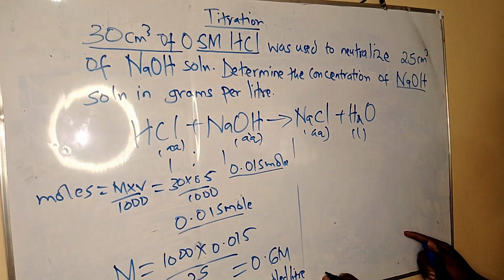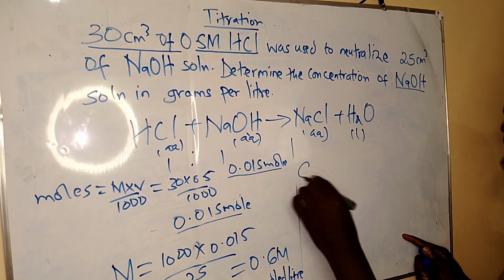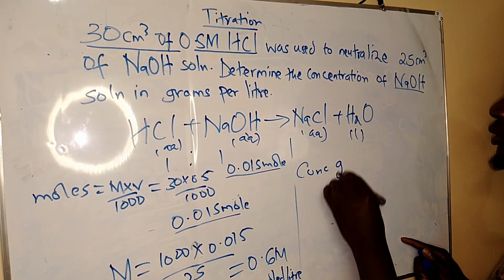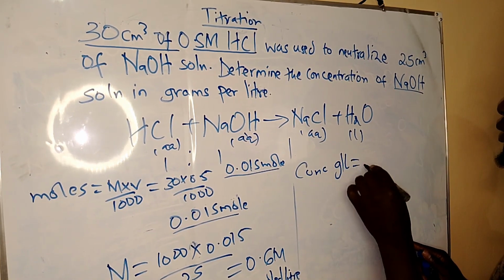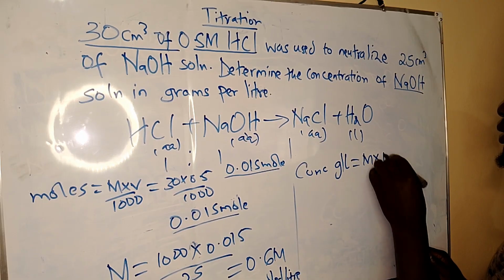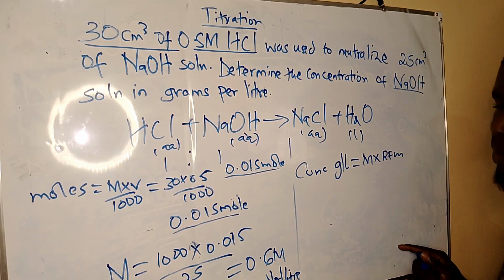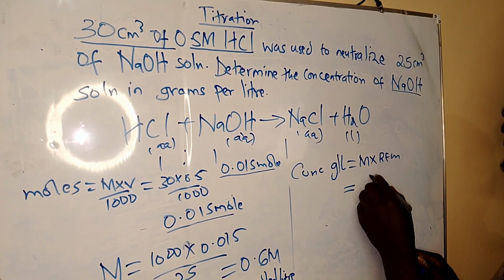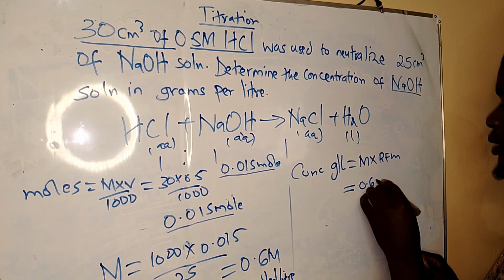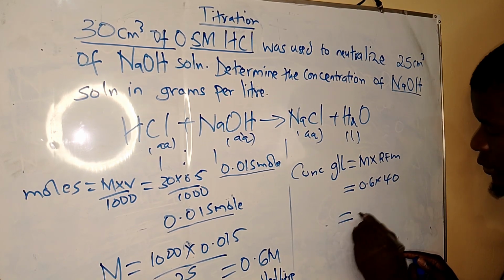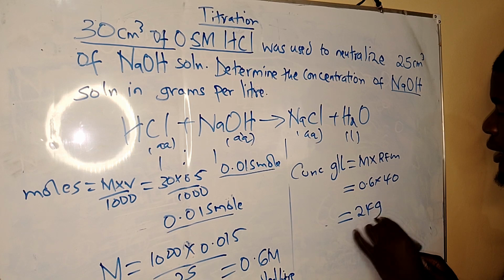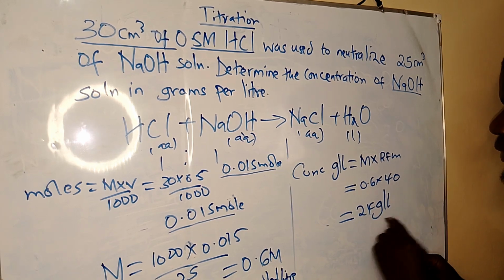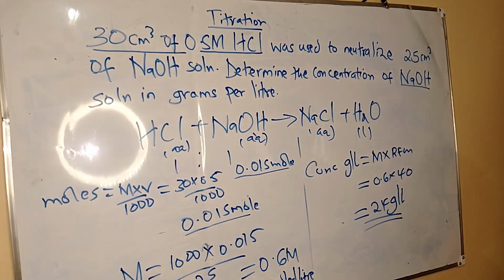Now we know concentration in grams per liter is given by molarity times RFM, that is 0.6 times 40, which is equivalent to 24 grams per liter. That is the concentration in grams per liter.